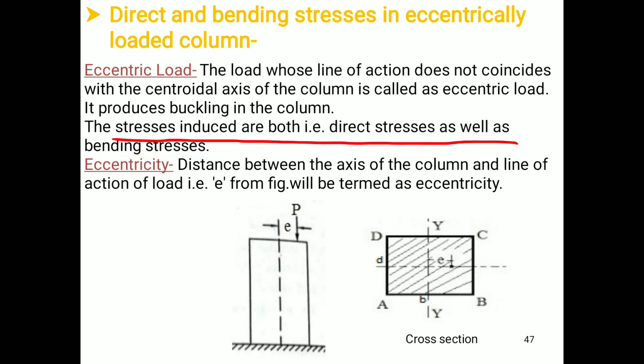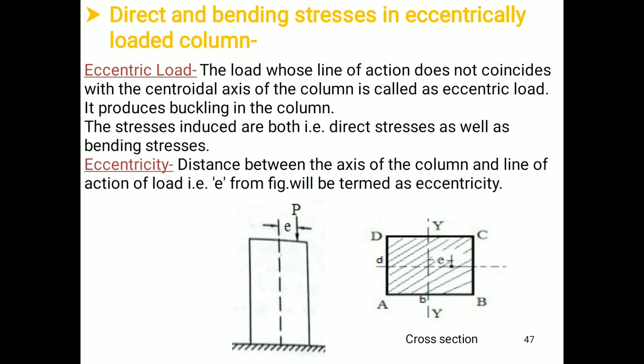As per the given statement, an eccentric load is a load whose line of action does not coincide with the centroidal axis of the column. From this figure again we have a column which is fixed at the bottom, and the other end is free, and it is subjected to a load P. This dotted line is the centroidal axis of the column.